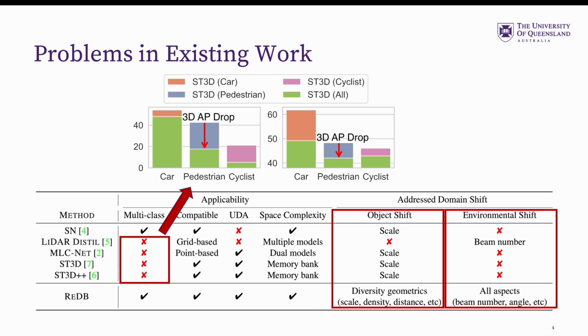First, they focus on adapting one model for one class and fail to adapt multiple classes simultaneously. Second, they primarily address scale-related object shifts only, ignoring other shifts such as object point density. Lastly, environmental shifts are ignored in most existing methods. These three shortcomings have motivated us to seek solutions for each of them.